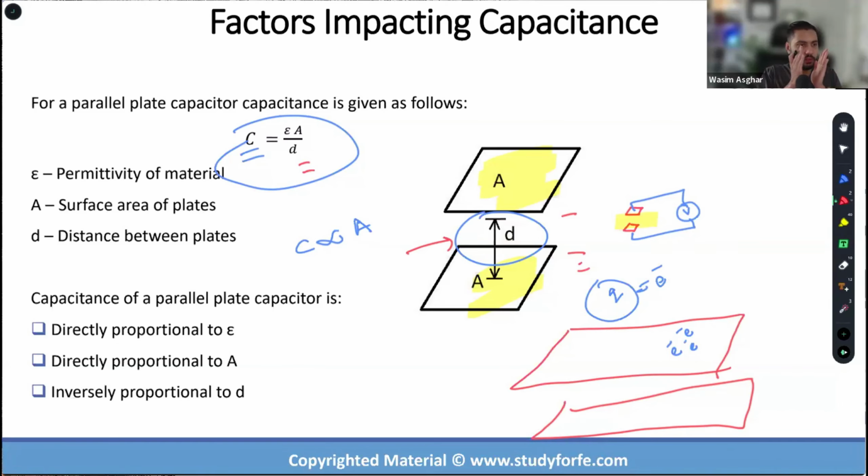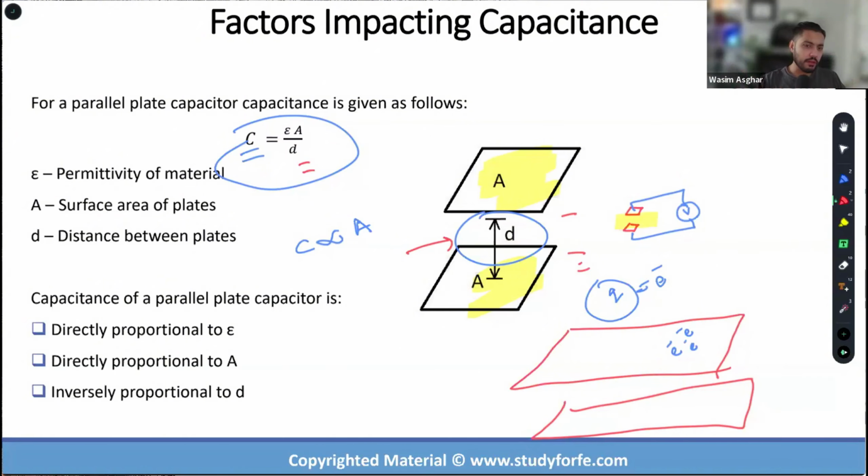If these positive and negative charges are close together, the electric field is really strong. As I move them away, the electric field is weakening. So you can think about the distance from that standpoint. The closer the distance is, the stronger the electric field is, and the farther the distance is, the larger the distance is, the weaker the electric field is.